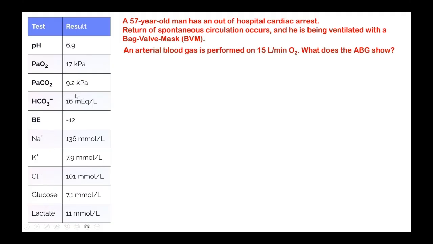So yes, bicarb is low, pH is low, and PO2, is it corresponding to the level of FiO2? No, sir. Okay. That is also low. And base excess is low. And what about glucose? Low. Into 140 normally. How will you convert millimole into milligrams?